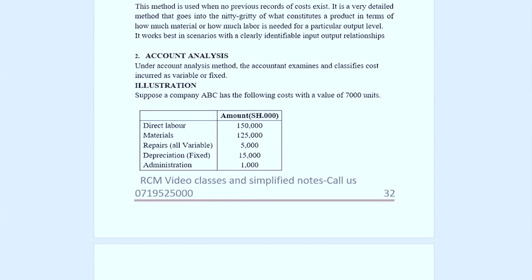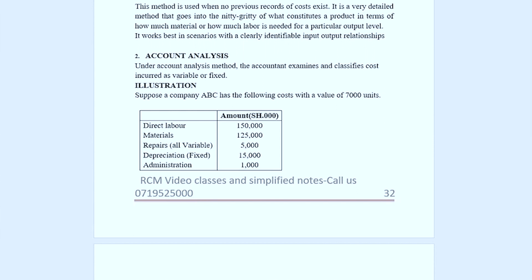From there we have repairs, all variable, of 5,000. We have depreciation, fixed. They've told us it's fixed. Depreciation of 15,000.